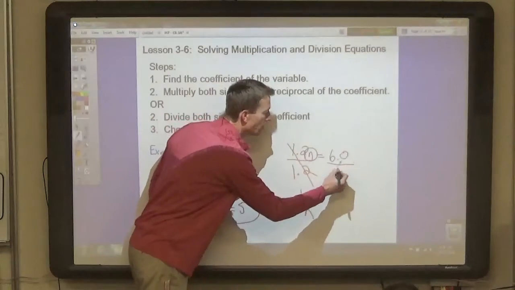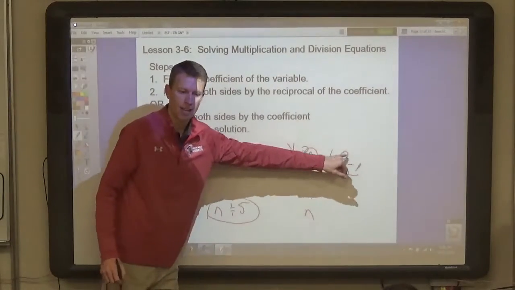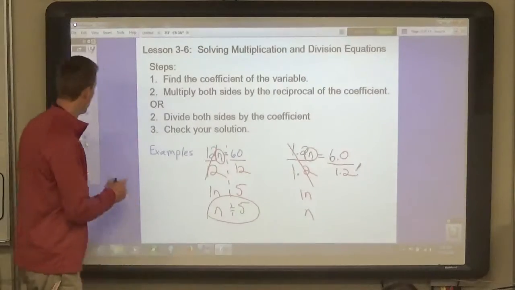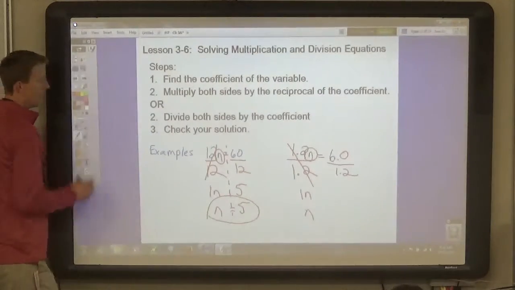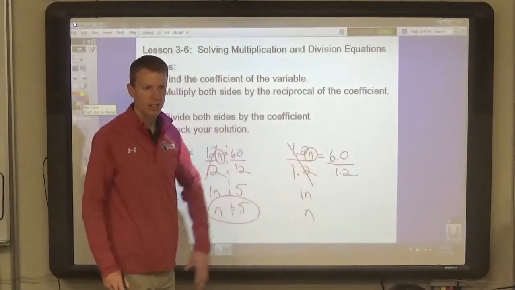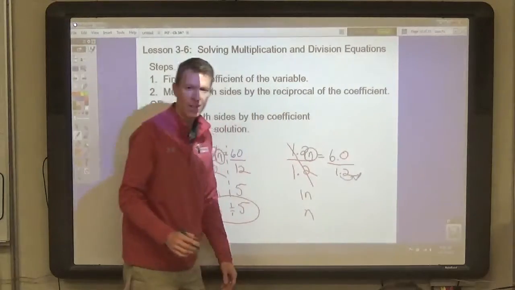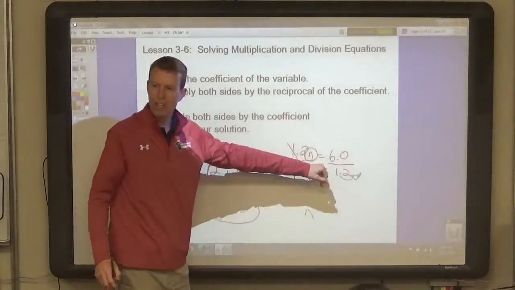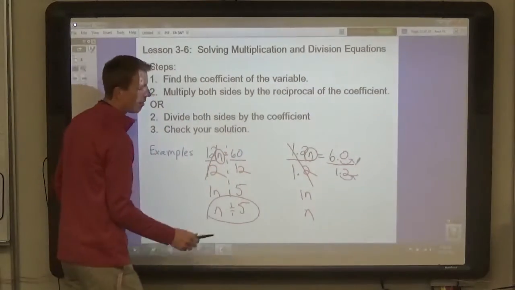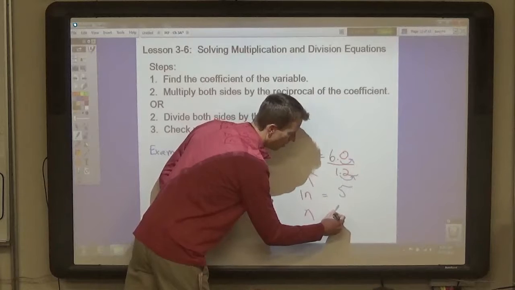And on the other side, 6 divided by 1.2 is the same. Last year we worked on doing the division. And we said that the divisor has to be a whole number when we divide that out. So if we move that over one place, we have the exact same problem, 60 divided by 12. So n equals 5.